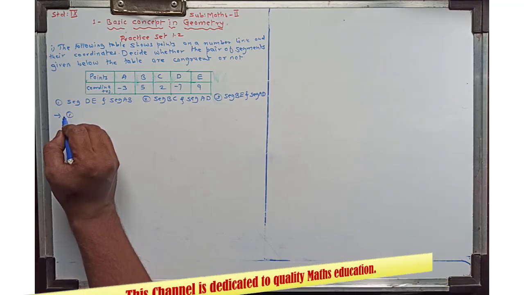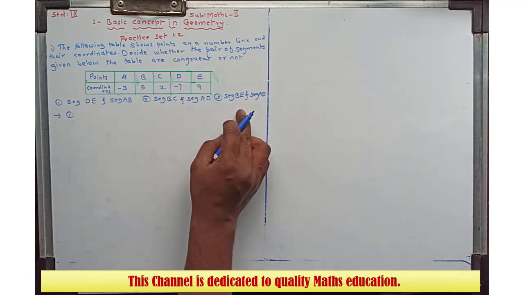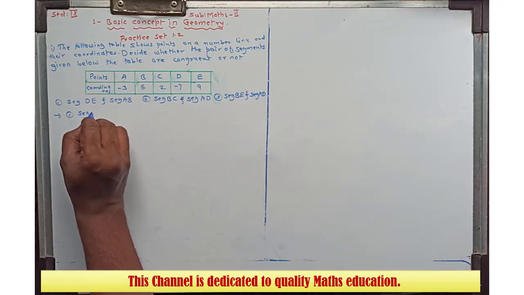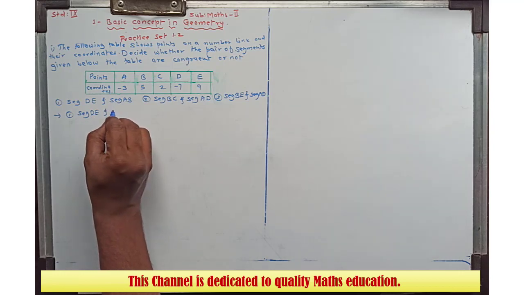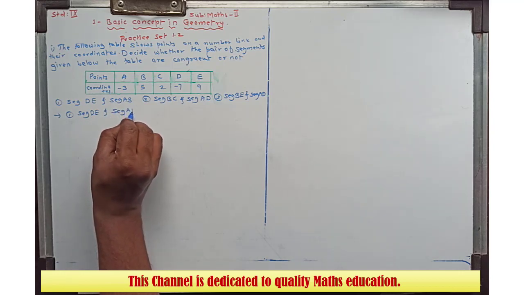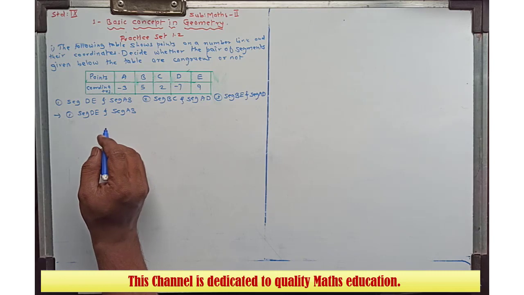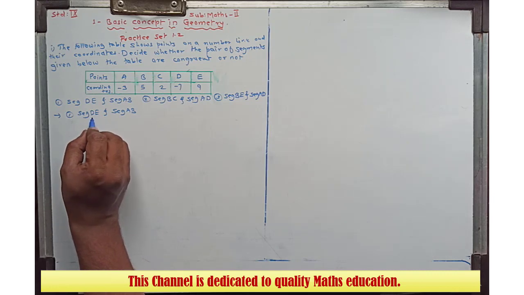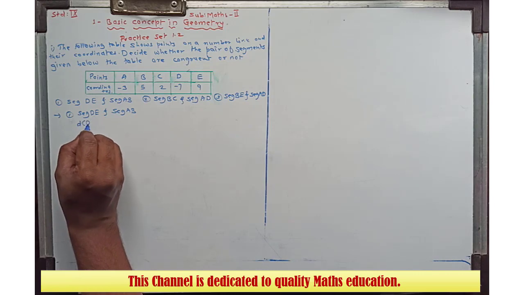So here 3 examples are there. Under these 3 pairs we have to show whether they are congruent or not. Out of these 3 pairs I will show 2, and 1 pair you have to show. First we consider segment DE and segment AB. For segment DE we find distance DE first.